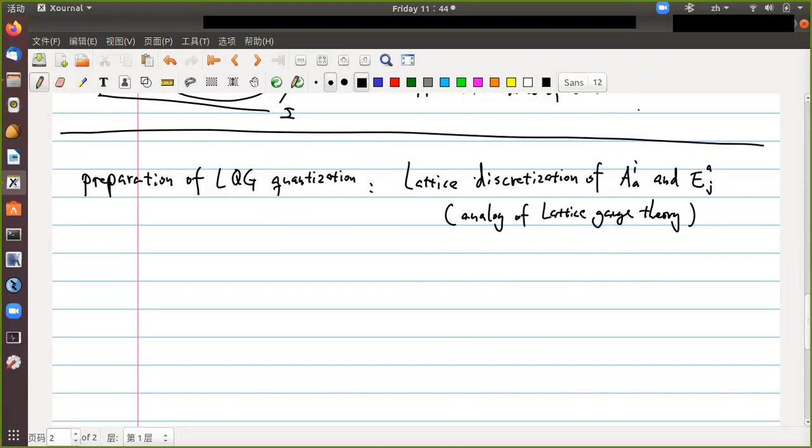Okay, so now what we are going to do here in loop quantum gravity. Maybe I should first give you a definition of loop quantum gravity, before we actually go into the detail.